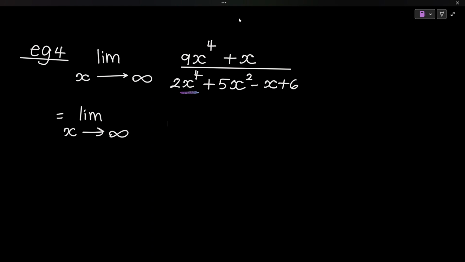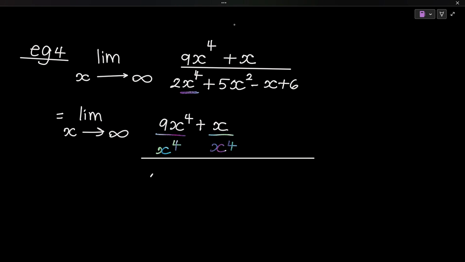Okay, so we've got 9x to the power 4 plus x, and we are dividing by x to the power 4. And in the denominator, we have those 4 terms.